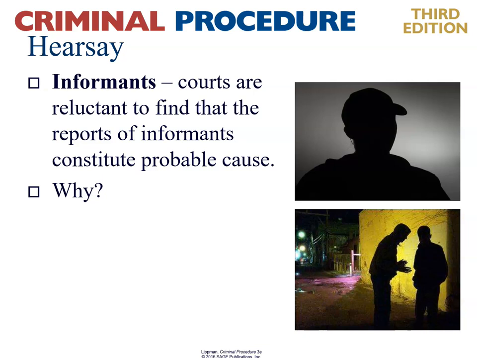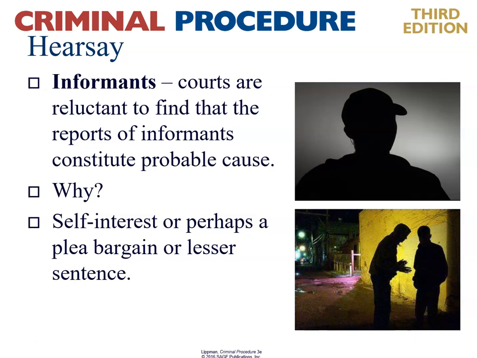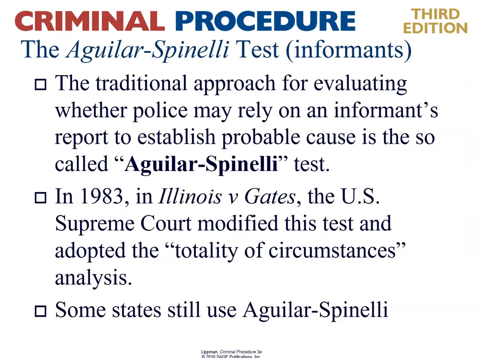Second, informants are presumed to be unreliable, and as a result, the information provided many times must satisfy strict standards before a judge finds the information to constitute probable cause or have that level of credibility. So we talked about why. A lot of information to cover, but I wanted to make sure that you really understand it.